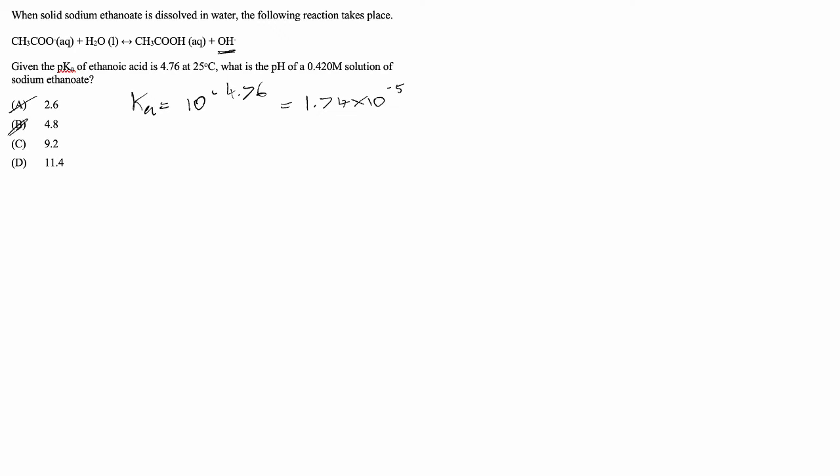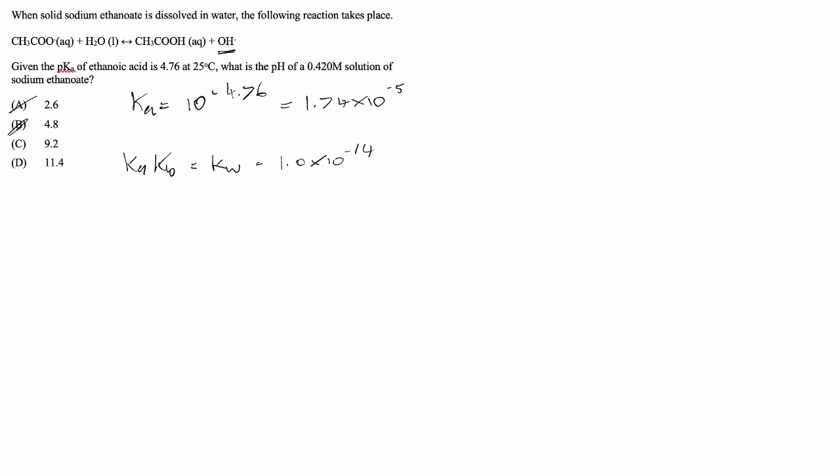Great, so we've got Ka, but remember we need Kb to put into this base dissociation constant. So what's the relationship between Ka and Kb? How do we get there? Ka times Kb equals Kw, the auto-ionization of water constant. And Kw is equal to 1.0 times 10 to the negative 14, which is the basis of our pH scale. So we've got Ka, we've got Kw, we know what that constant is.